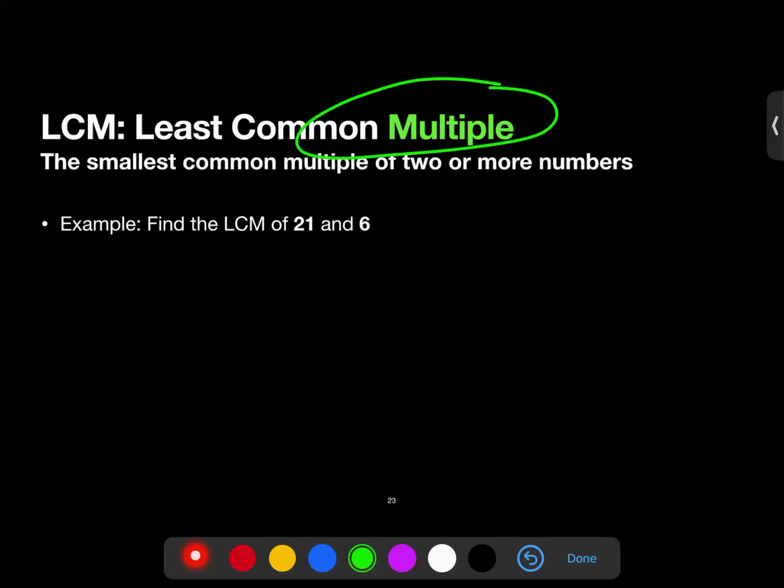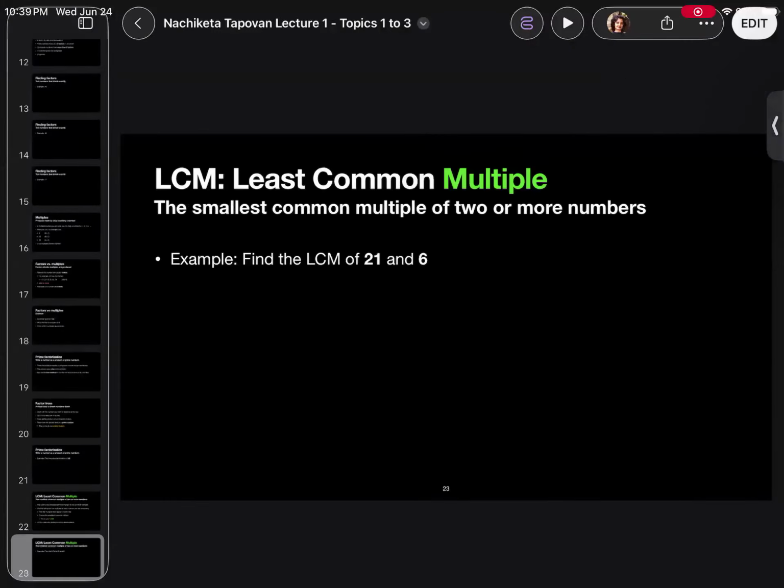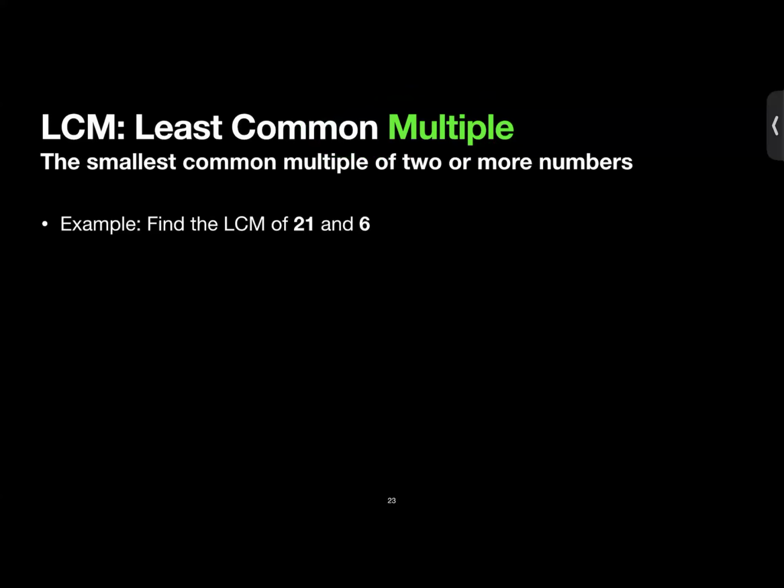The way that we find the LCM is by listing the first few multiples of both numbers we are comparing, and then we want to find what is common in between them.